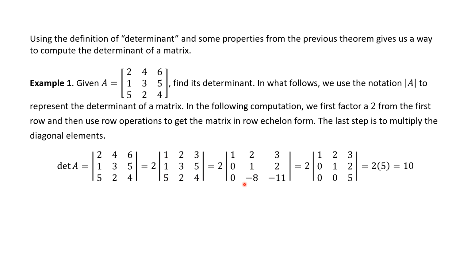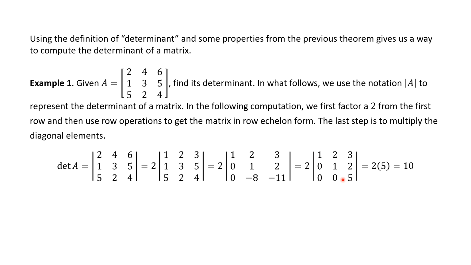And recall, for matrices, when you take a multiple of a row, including a negative multiple, and add it to another, it doesn't change the determinant. So this equals this. And then we can take 8 times the second row and add it to the third, and we get this here.